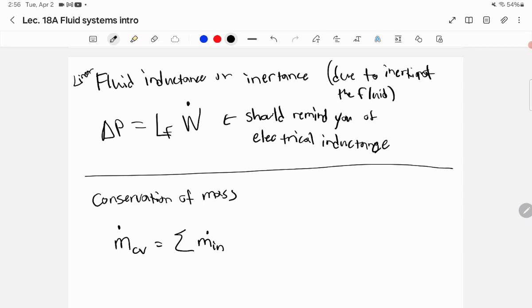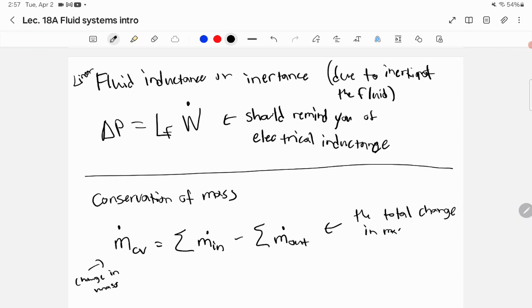So basically this is the total change in mass, which should equal the total mass in minus the total mass out.